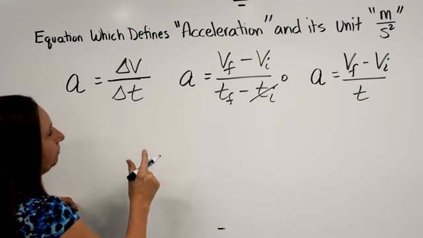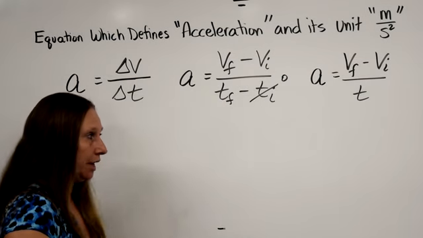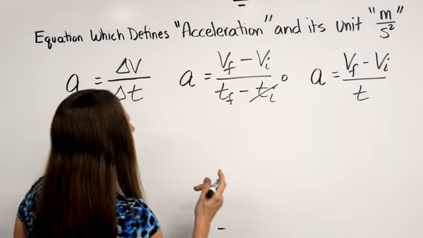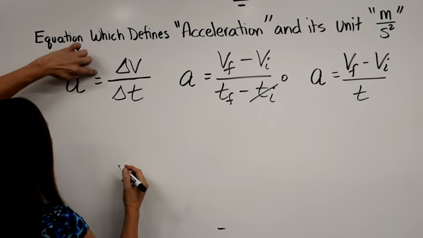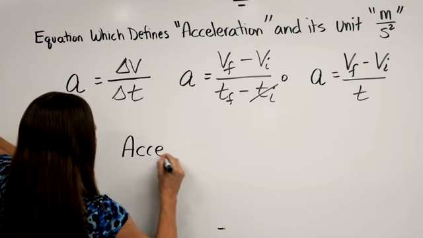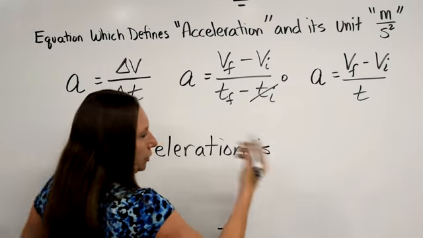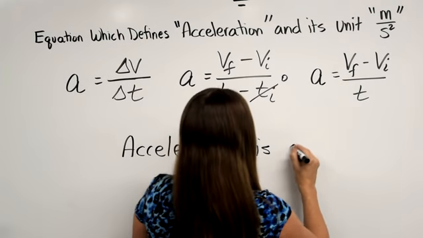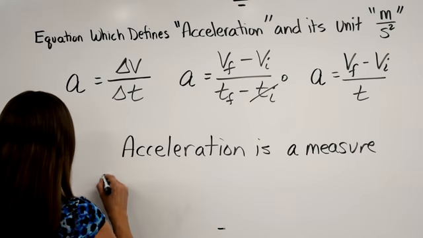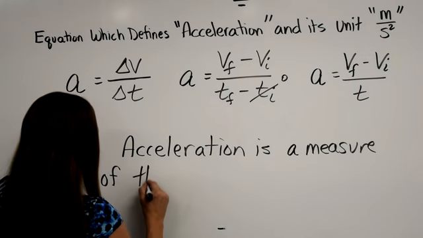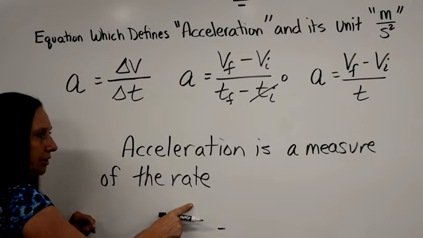All right, now, changing the equation into an English sentence. Acceleration is, I'm just going to put in some words here, a measure of, to make that make sense, the rate. Now, how do you know that acceleration is a rate?